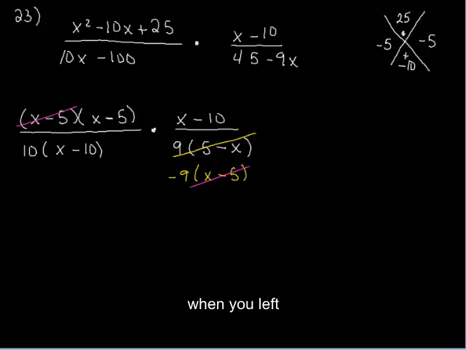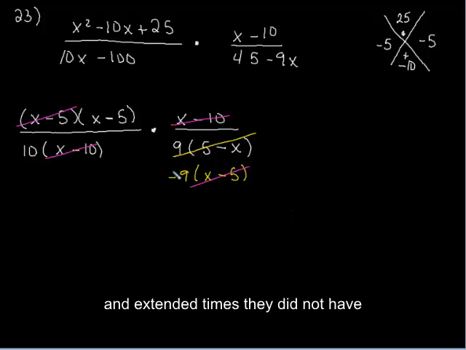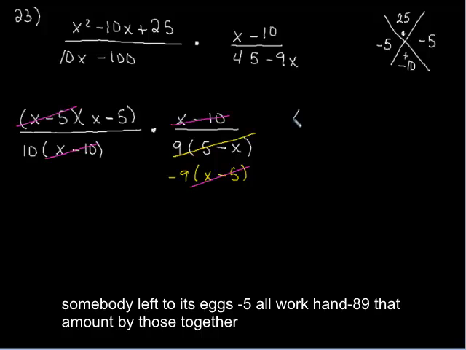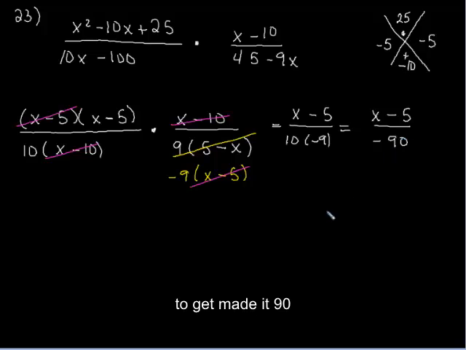Left? Okay. Those will cancel. This x minus 10 will cancel out with that x minus 10. It's going to be times negative 9. So I'm going to be left with x minus 5 over 10 times negative 9, but I can multiply those together, so I get negative 90.